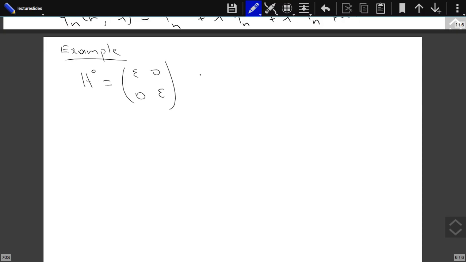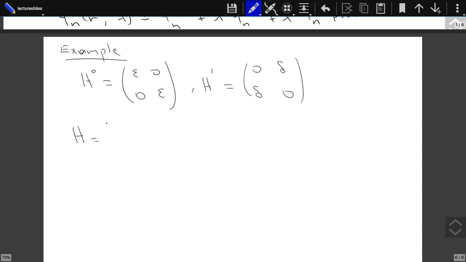Let's add some perturbation to this one. Now we can also solve it exactly. Let's say the perturbation is 0, 0 on the diagonal and delta, delta off the diagonal. They have to be Hermitian. So this is our perturbation.